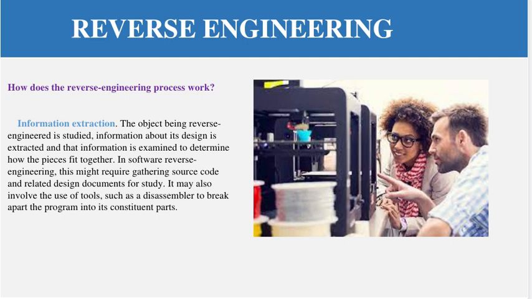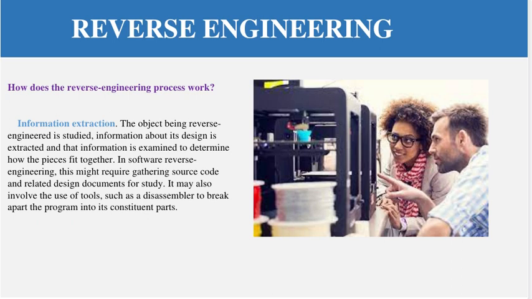How does reverse engineering actually work? First of all, information extraction. Information extraction means we study the object, its design, how it works, and how the pieces fit together. In software engineering, it might also require getting the source code and related design documents for study.